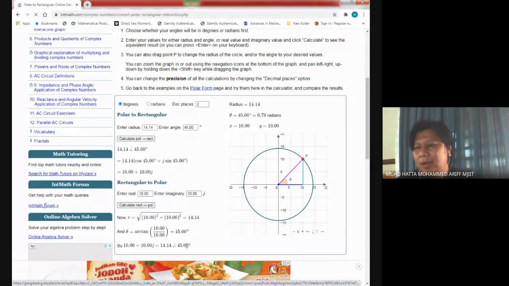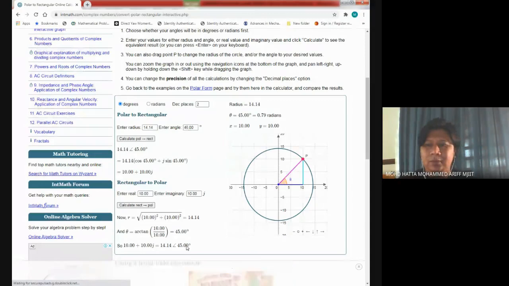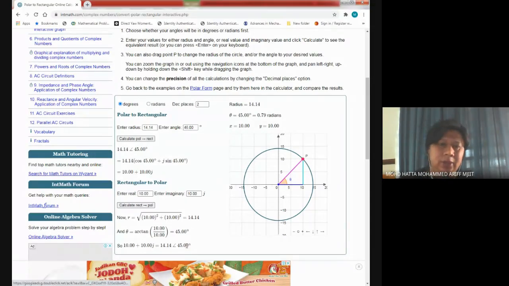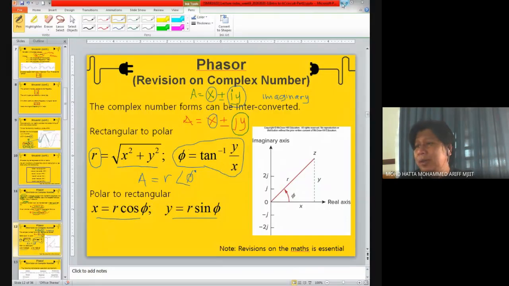Maybe you have latest version or maybe advanced version of Casio calculator. You can easily convert from rectangular to polar by using the tools or your calculator. And maybe if you have internet connection, you can use this website as well. So it's not a problem anymore, this mathematics stuff.